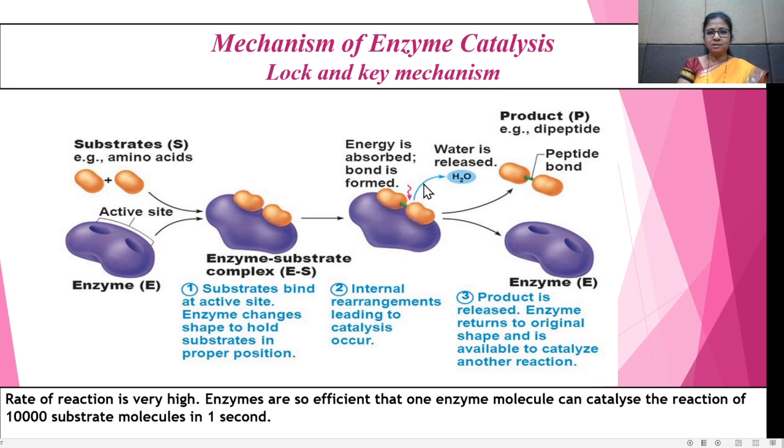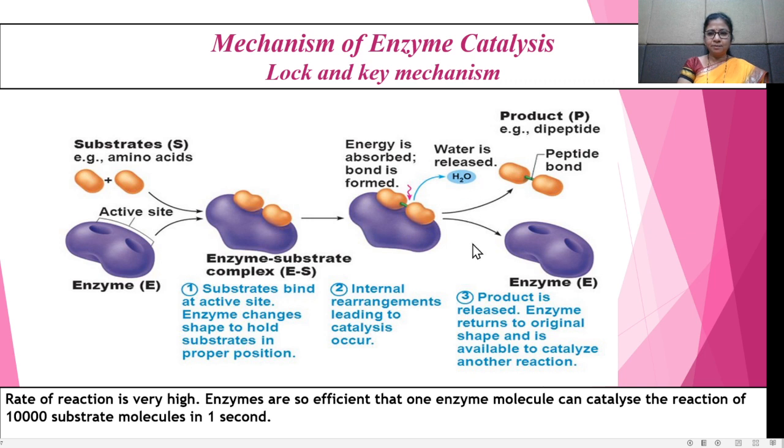In this reaction a water molecule is released and the bond between these two amino acids is called the peptide bond. Then this product is released. This is the product and these amino acids are the substrates. They react with each other with the help of the enzyme and the product obtained is a dipeptide.